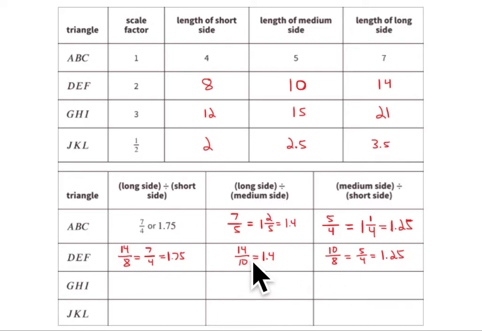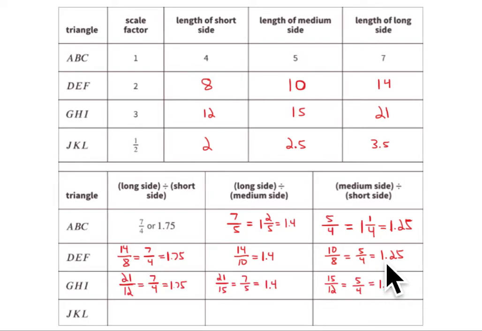So you might go through the math a little bit. 14 minus 10 is 4/10 longer, so it's 1 4/10. This is 2/8 longer. 2/8 is the same as 1/4, so it's 1 1/4 times as long. The long side to the short side, if a scale factor of 3 is used, that's 21/12.